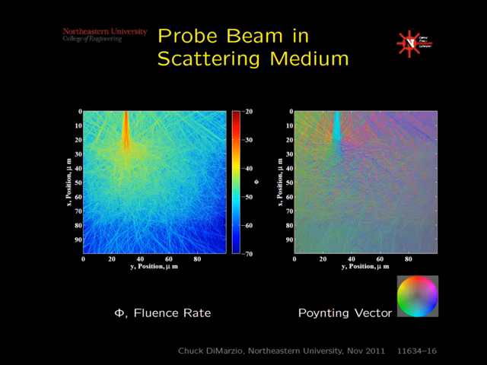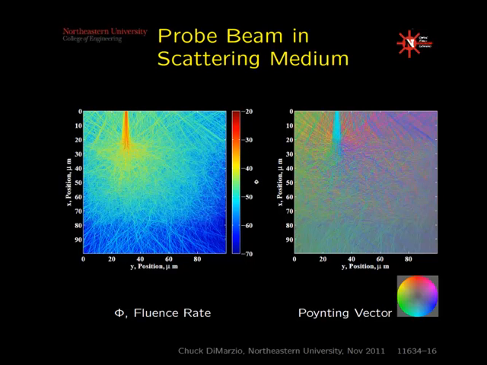If I look at the Poynting vector, I need to explain the color scale here. The Poynting vector has magnitude and direction. The brightness moving out is a measure of the magnitude, and the color indicates the direction.